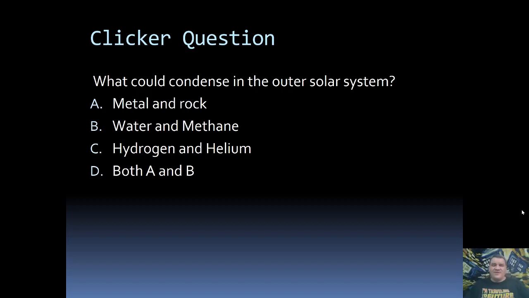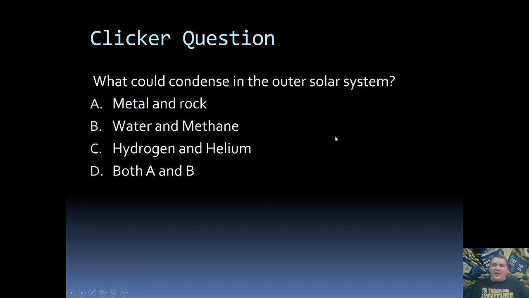So in the outer solar system, it is going to be cold. Metal and rock are going to be able to form not just at high temperatures, but at any temperature less than high temperatures. So metal and rock form everywhere throughout the disk, no matter what. That's actually not true. Really, really close to the protosun, they're not going to form. But you have to get really close to the protosun for that to be the case.